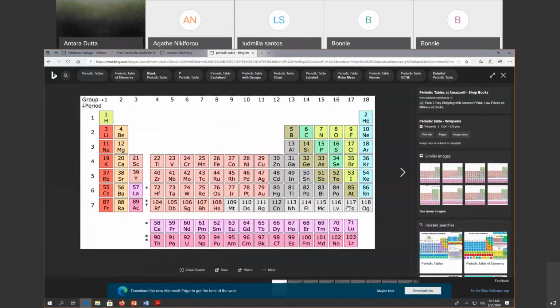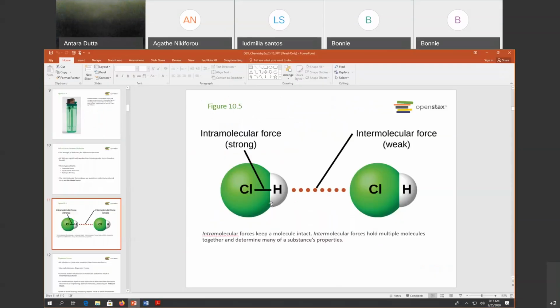So HCl is a polar molecule. You know that electronegativity increases from left to right. So in this molecule, hydrogen is the electropositive side, chlorine being more electronegative. So that's why you see the bigger cloud of electrons for chlorine. So that is the negative side.